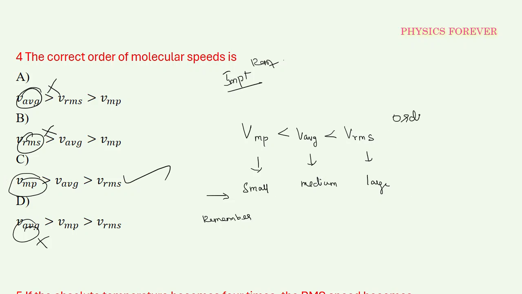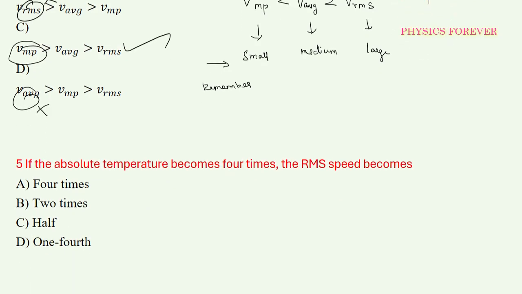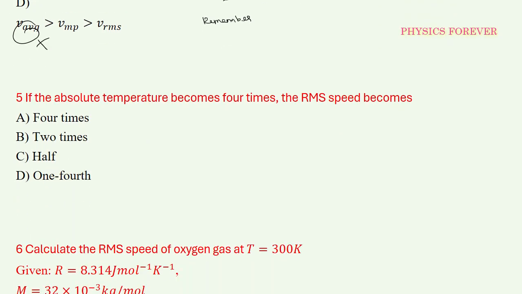So you have to remember this order. Then, if the absolute temperature becomes 4 times, what happens to the root mean square speed? The formula for root mean square speed is root of 3 RT by M, where R is the gas constant and M is the molar mass.